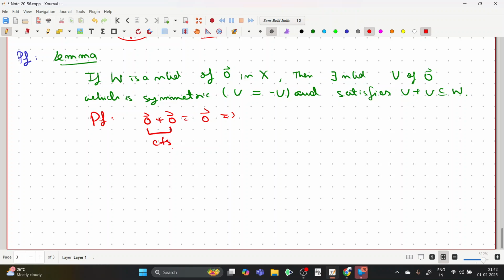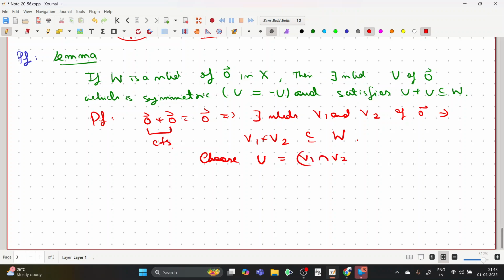W is given to be a neighborhood of the origin. So this implies there exist neighborhoods V1 and V2 of the origin such that V1 plus V2 is contained in W. Now I'll just choose U to be V1 intersection V2 intersection minus V1 intersection minus V2.